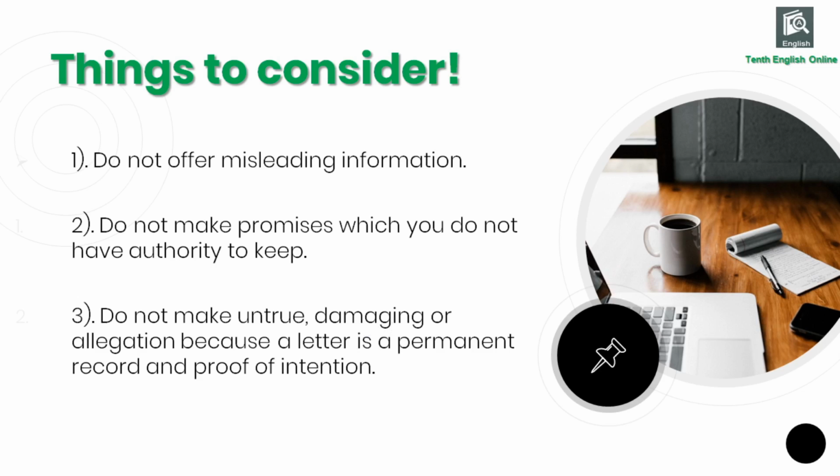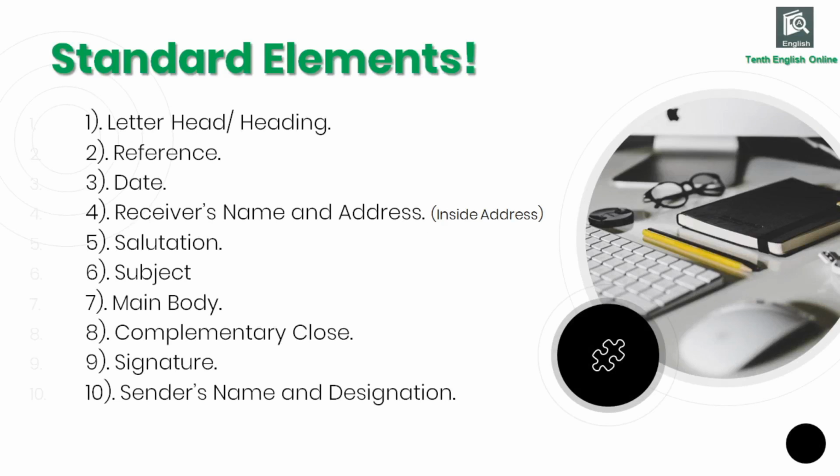And next one is standard elements or parts of letter writing. So we have a few parts here. Let us see them one by one. First one is letterhead or heading section.